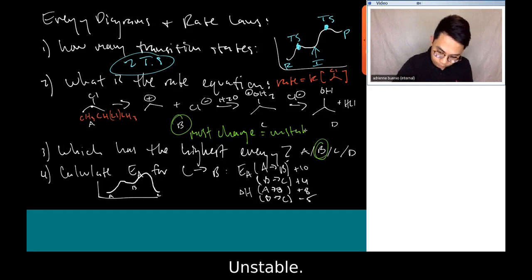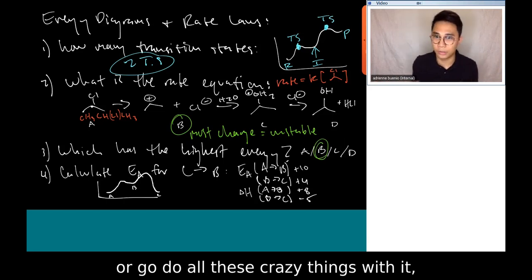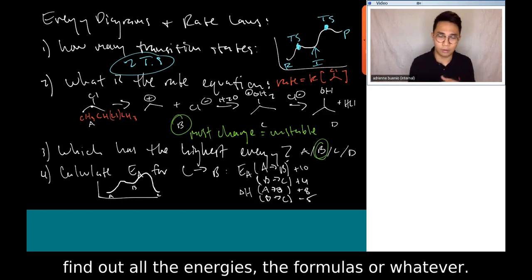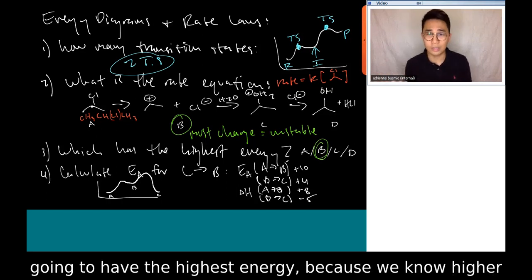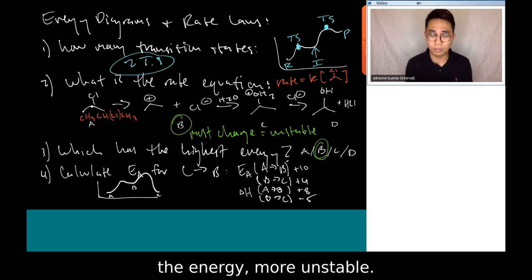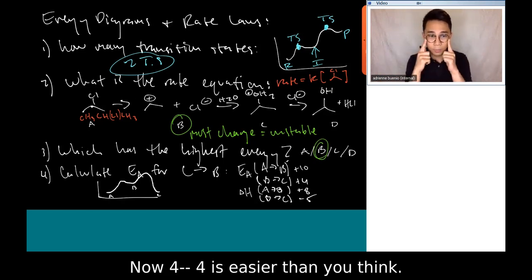You didn't really have to do any tricks or find all the energies with formulas. You just needed to know that if it has all those charges, it's unstable, so it has the highest energy, because the higher the energy, the more unstable. That's all you need to connect.